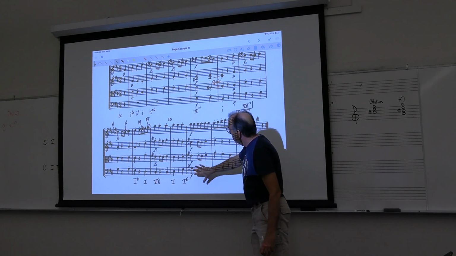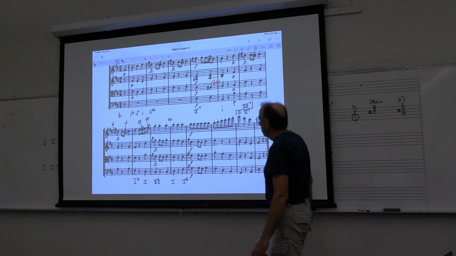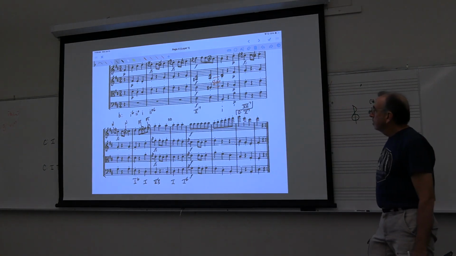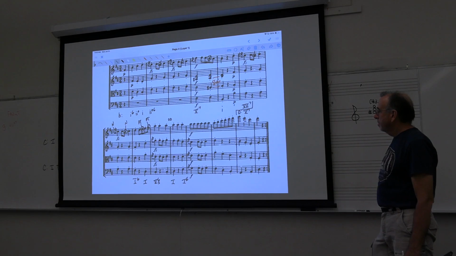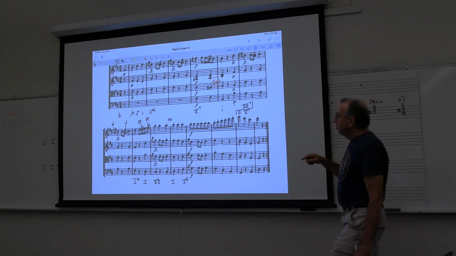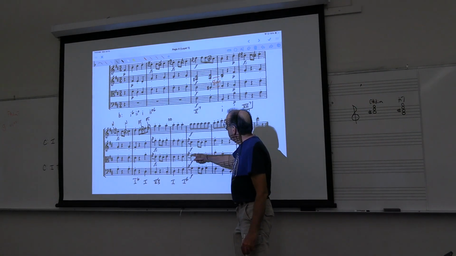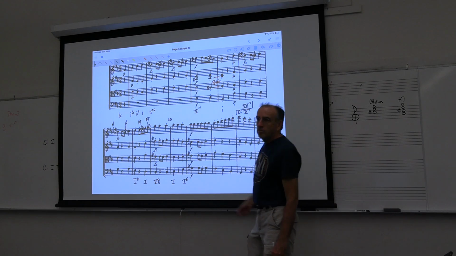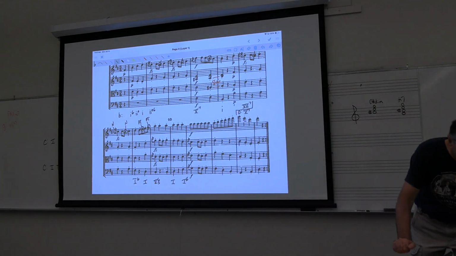This measure. Well, G, E, C sharp, A, 5/4/2. 5/4/2, yeah.